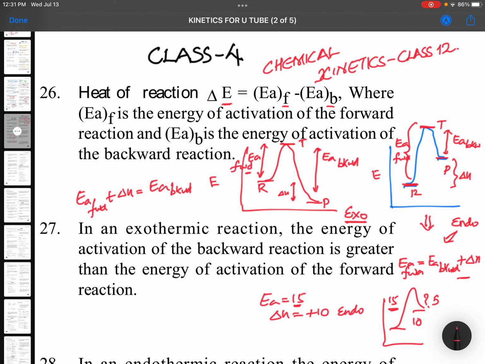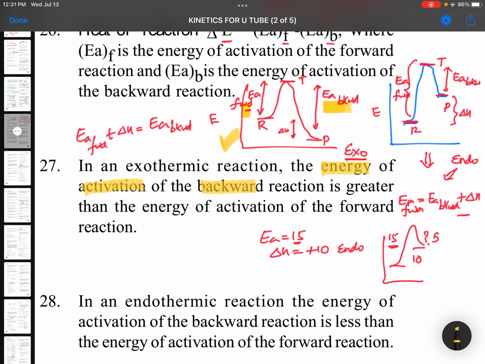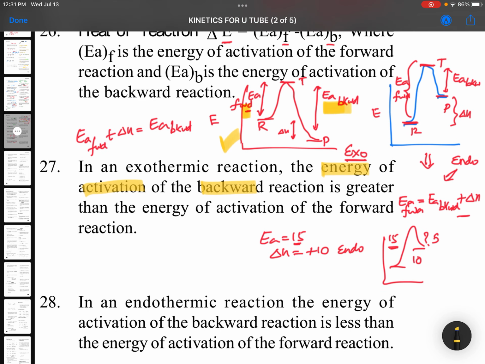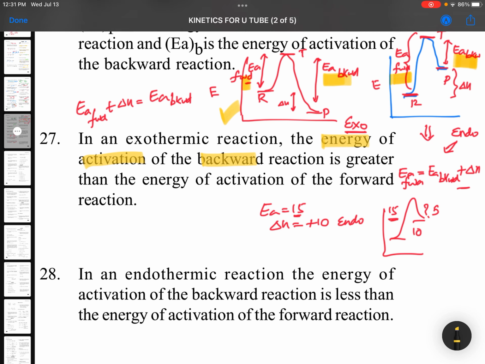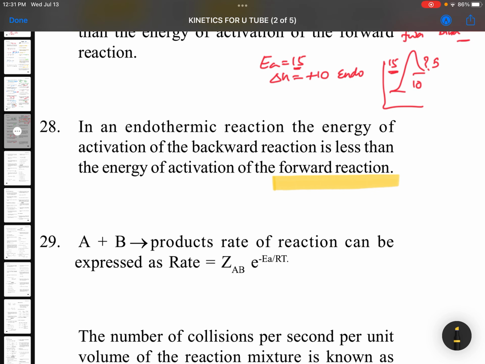Backward is greater than forward. In an endothermic reaction, the energy of activation of the backward reaction is less than the energy of activation of the forward reaction. That's what I was telling you. In exothermic reaction, backward activation energy is more. In endothermic reaction, forward activation energy is more. Those lines are mentioned here.